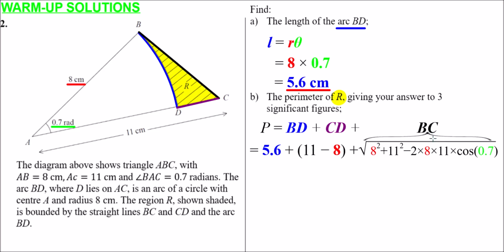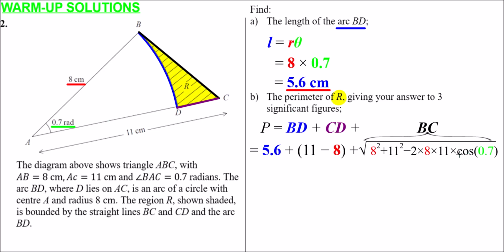And BC, I've got by finding the length of the triangle using the cosine rule. If I consider the overall triangle ABC, then the length BC is 8 squared plus 11 squared minus 2 times 8 times 11 times cosine of the angle in between.